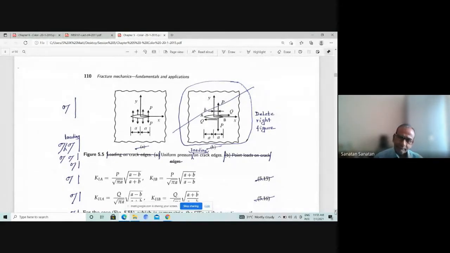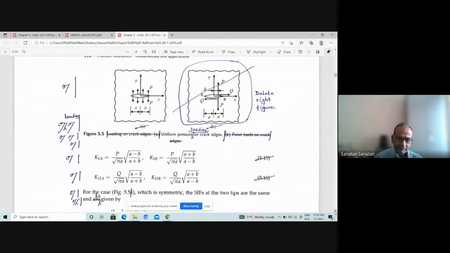Then for finding the solution for a distributed load over the crack faces A to B, the solution is very easy. You simply do the integration. In this case it is actually a distributed load.